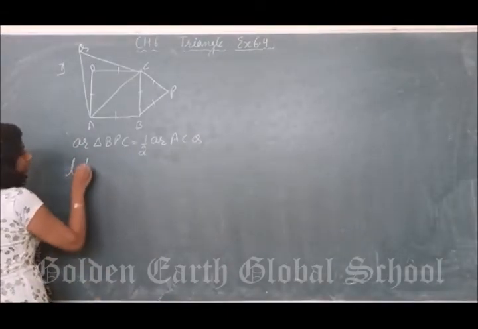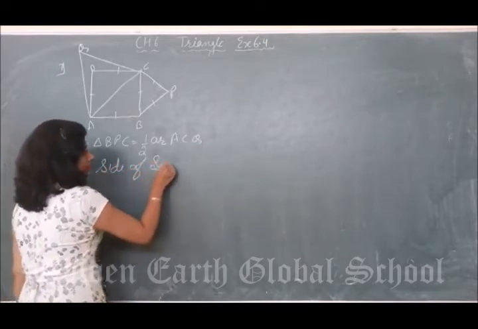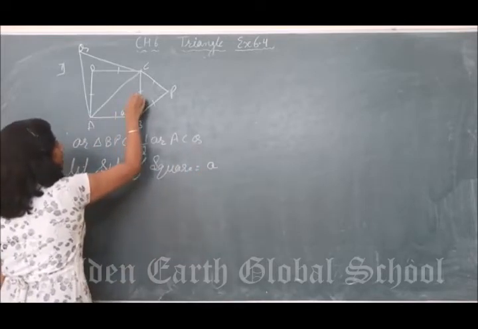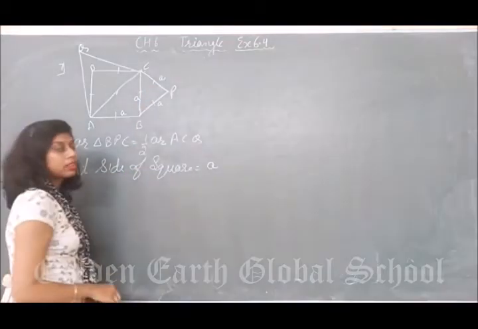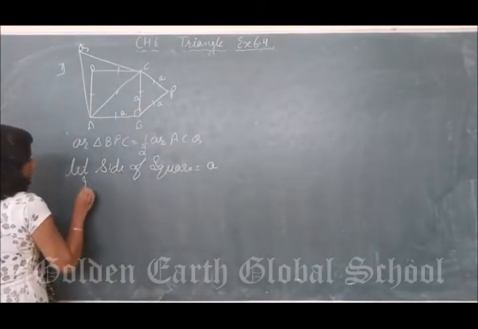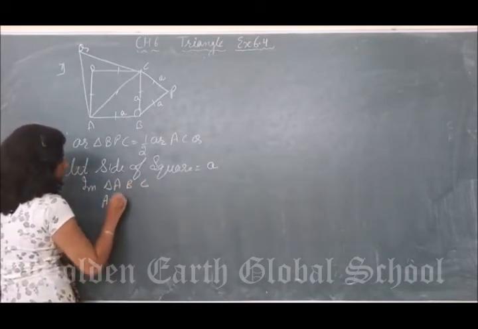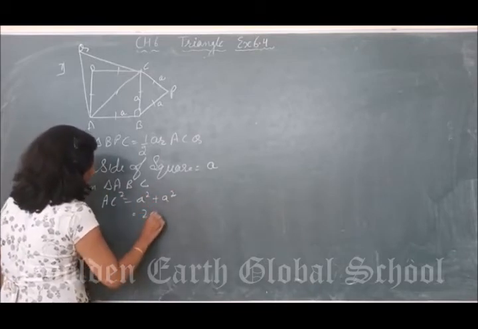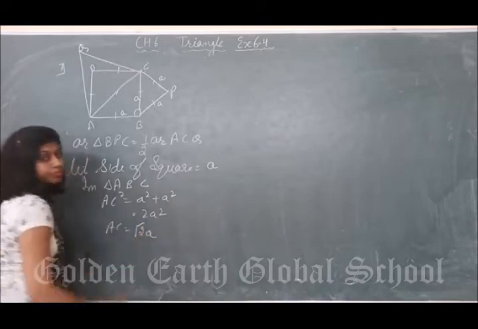First of all, let the side of the square be a. If this is a, this equilateral triangle's side is also a. Find the diagonal by using the Pythagoras theorem in triangle ABC. AC square is equal to a square plus a square, which is 2a square. So AC is equal to root 2 a.